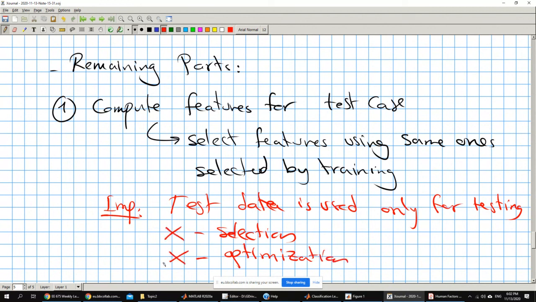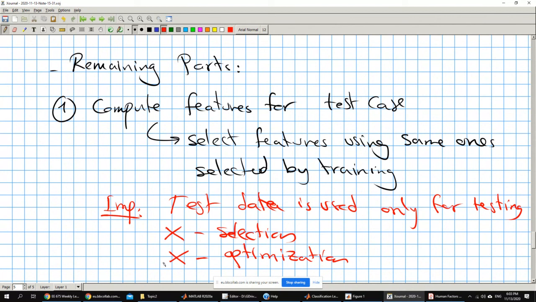The selection was based on the separation of the normal and abnormal based on the training features. We're going to use exactly the same features selected by training, and remove the ones that were not useful in the training phase, because the feature space has to be the same for training and testing.